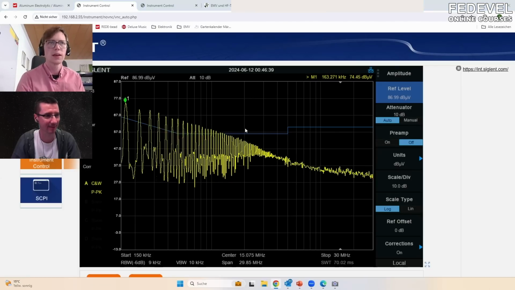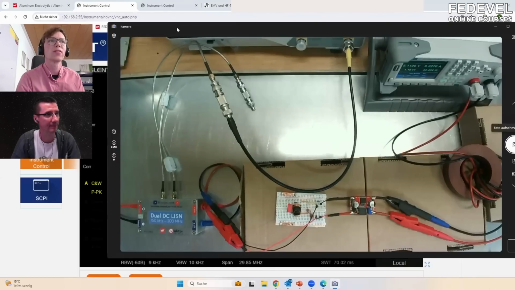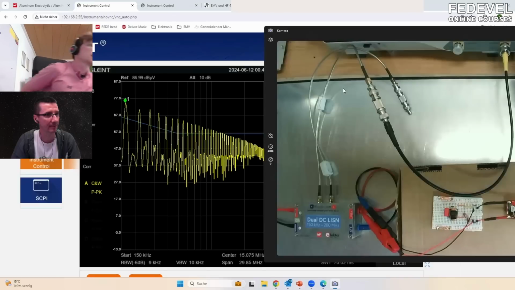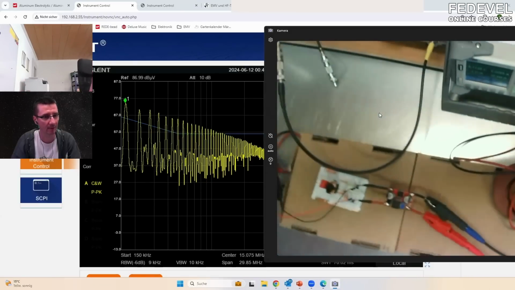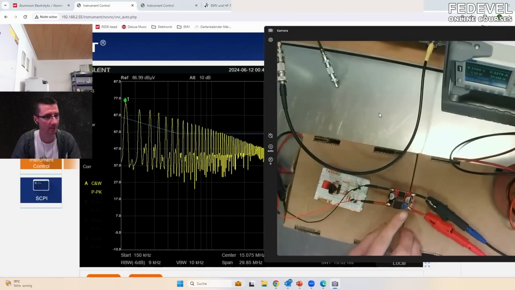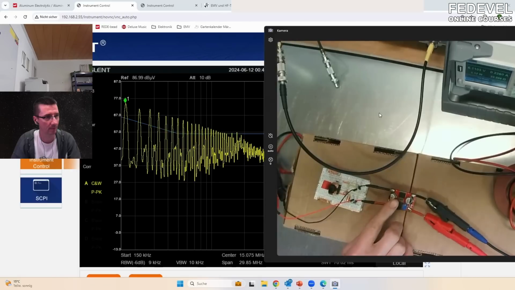When I place it side by side, we can maybe see if there's an influence when I touch the circuit. So do we see an influence? Here maybe a little bit.